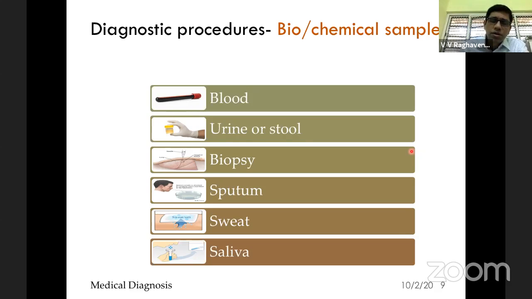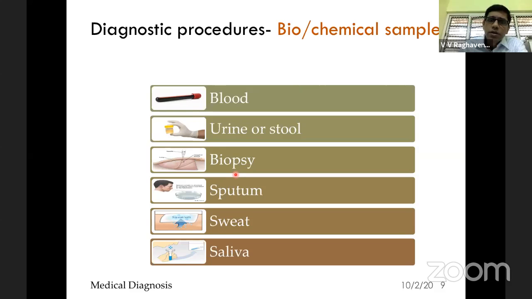Endoscopy is something used to actually see the internal organs, and then also take a sample from the suspected region. So that is a biopsy, for example, if you want to find out if there is an infection or if there is any cancerous growth, you do a biopsy and find out whether it's malignant or benign. Malignancy means cancer.